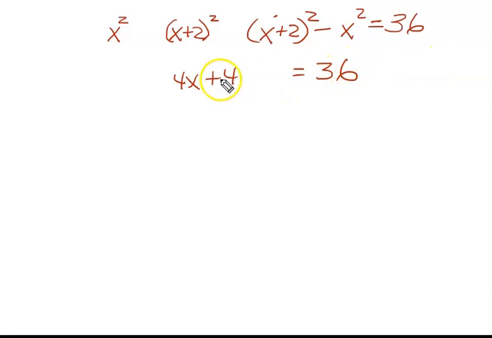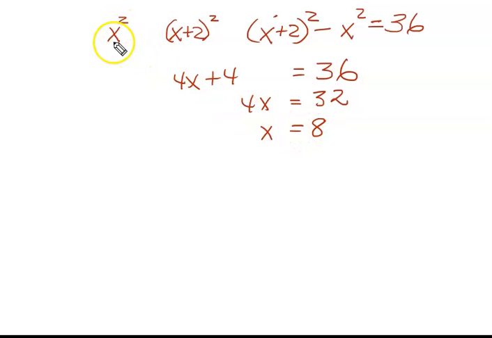So I'm going to transpose the positive 4, which becomes a negative 4 here. So this is 32, and then 4x equals 32. x is going to equal 8.